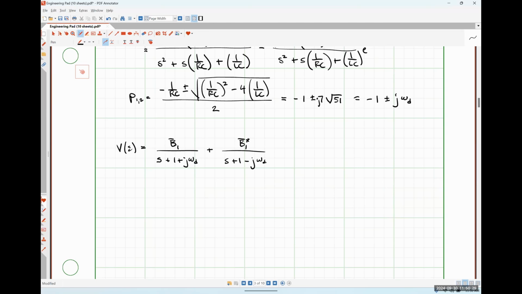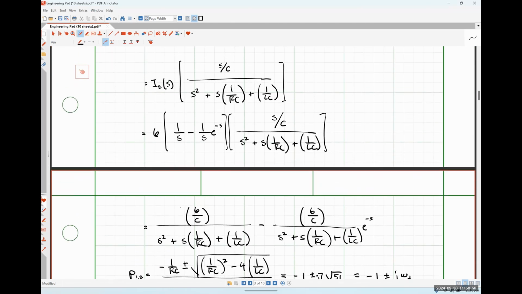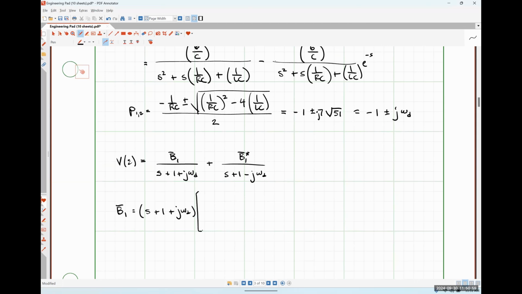So B1 is found by multiplying S plus 1 plus j omega d times our original function V of S. So that's going to be 6 over C over S plus 1 plus j omega d, times S plus 1 minus j omega d.